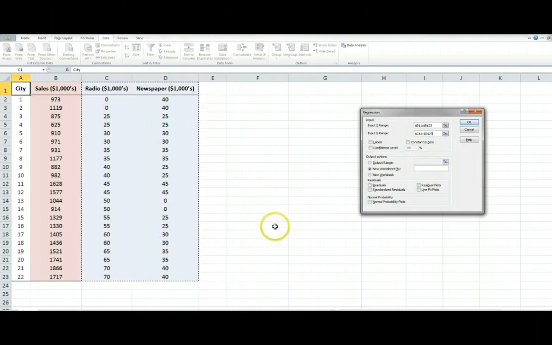Radio is on the left. We've got labels in the first row. Let's keep the data on this page. Output range. Got to click in here. Put it in F1. And let's get the residual output. Okay.